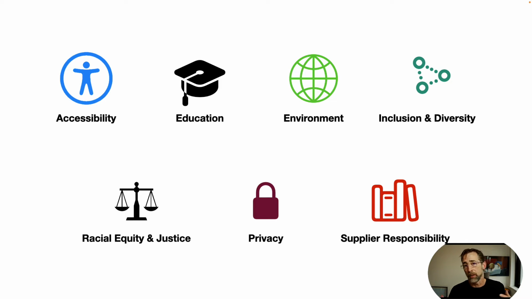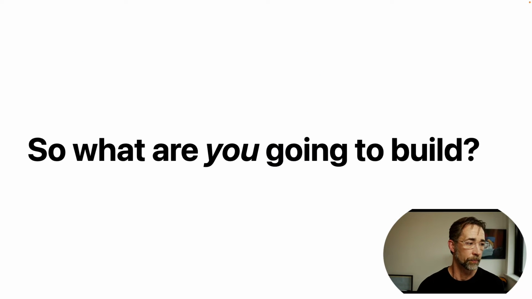I personally care a lot about education and making sure that every child has access to education and that we can all benefit from that extra knowledge. So what are you going to tackle? What's the theme that you're going to approach? So have a think about that, because that's going to affect what you're going to build.